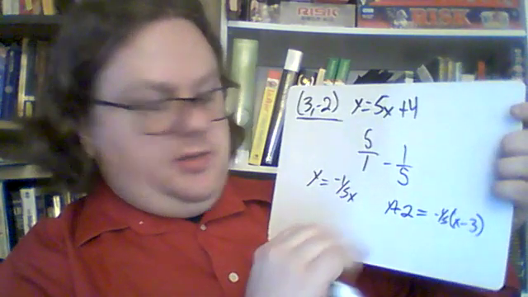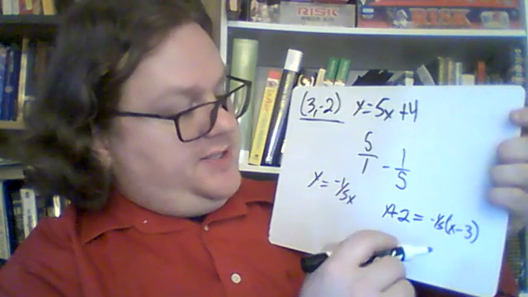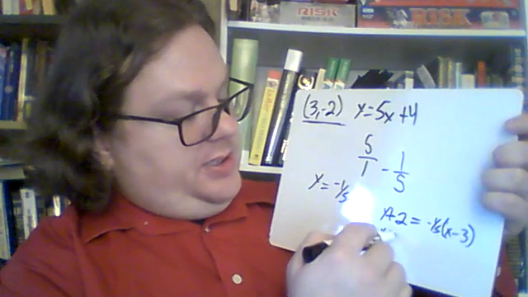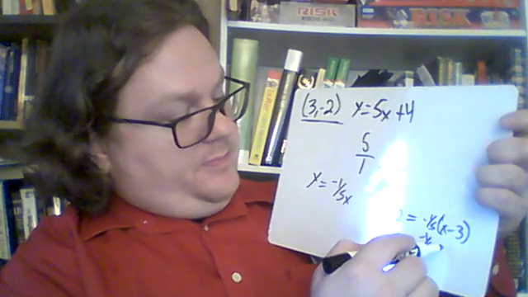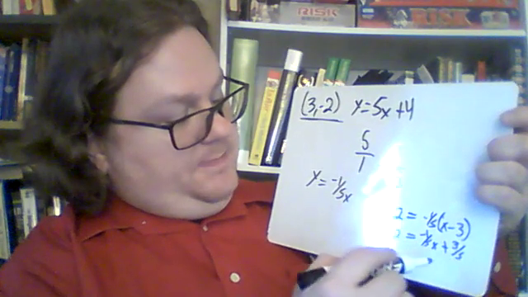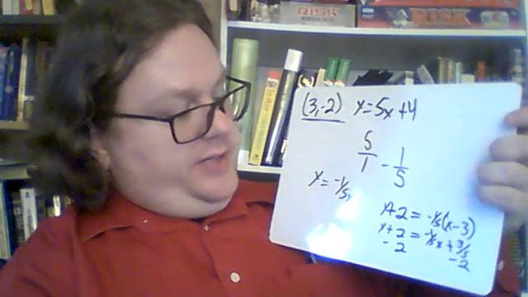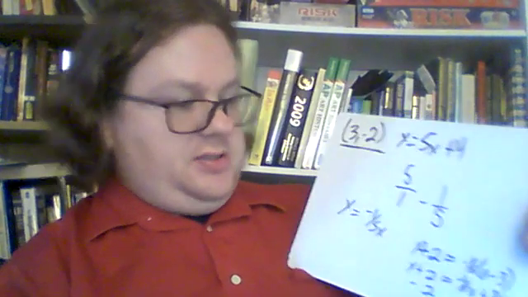Move my hand a bit. Okay, y plus 2 equals negative 1/5 x minus 3. So that's going to be y plus 2 equals negative 1/5 x plus 3/5. Minus 2 minus 2. 2 minus 3/5 is 1 2/5. Oh, I hate fractions. Okay.